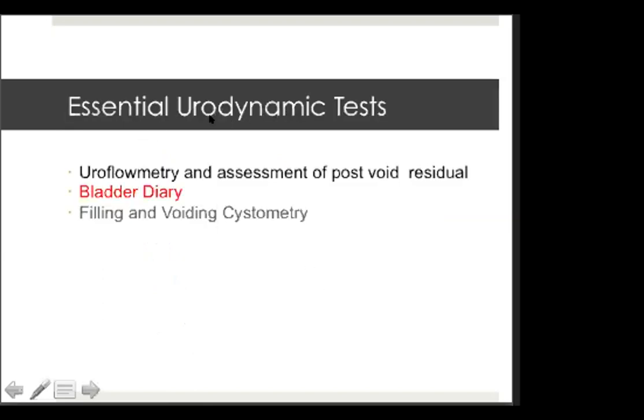So, next essential urodynamic test is the bladder diary. No? So, a bladder diary records the times of micturitions and voided volumes and additional information appropriate for the individual being evaluated. So it could include incontinence episodes, fluid intake, and then degree of urgency.